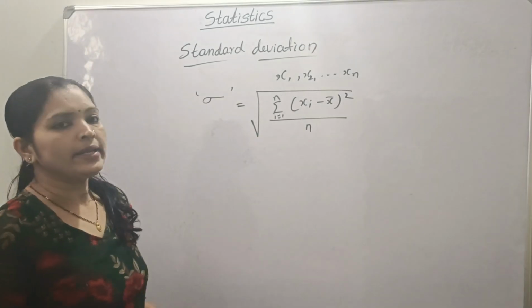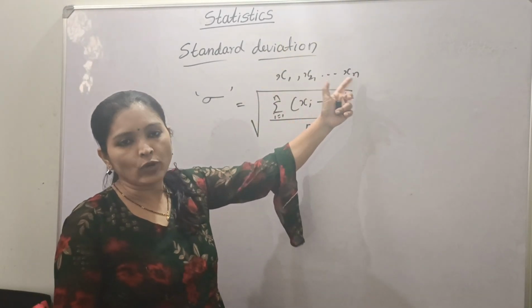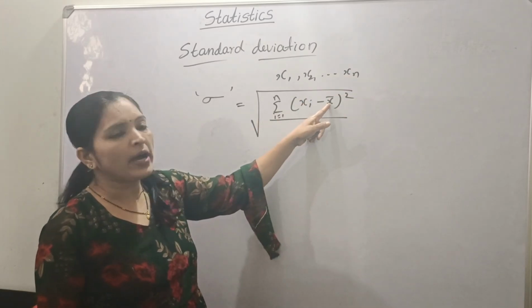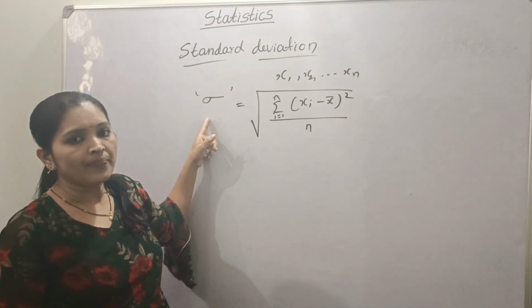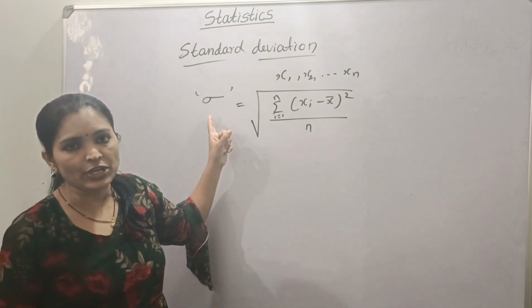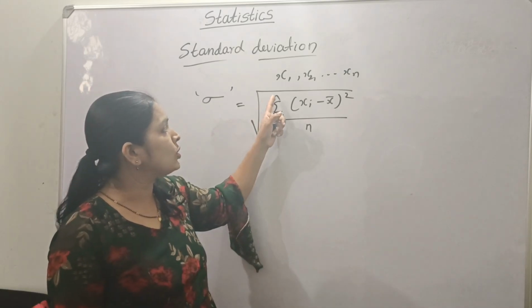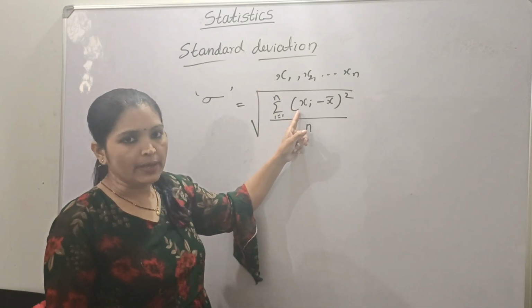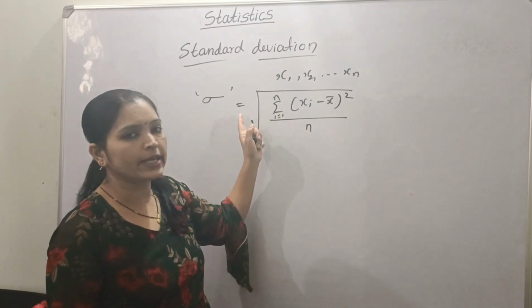Here n is the number of observations, x1, x2, etc., xn are the n observations, and x bar is the mean of the observations. So n is inside of the square root.